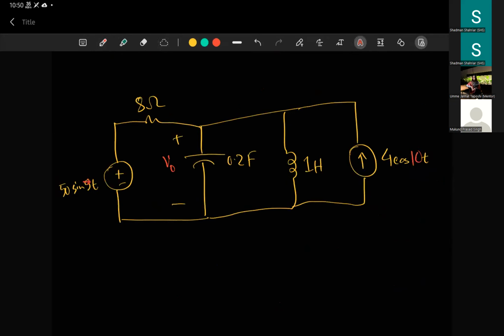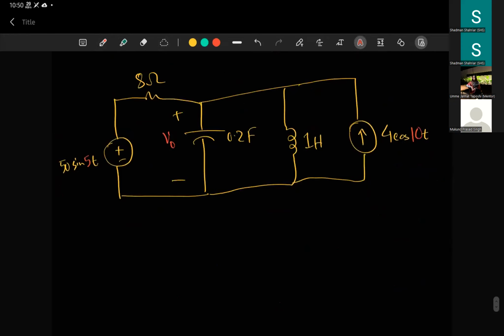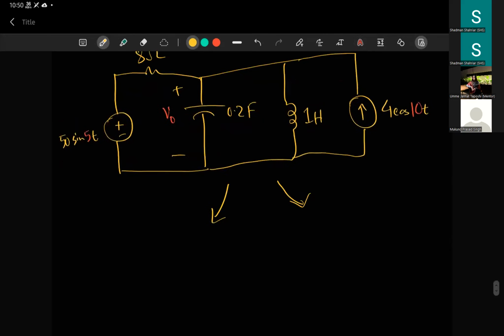So yes, you need the superposition theorem. That means again, you have to split your problem into 2 different problems. If we are using the superposition theorem, this can be written as the summation of 2 different circuits.